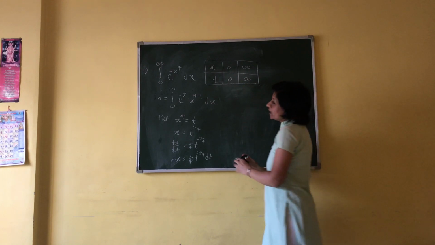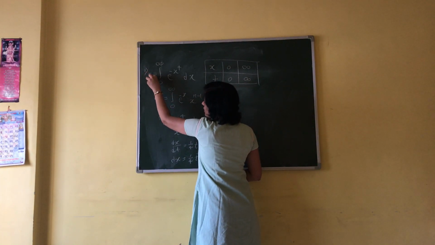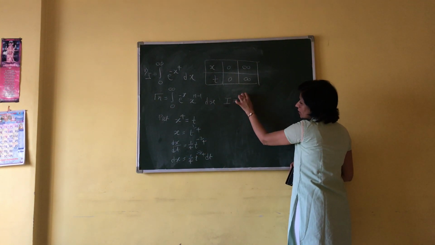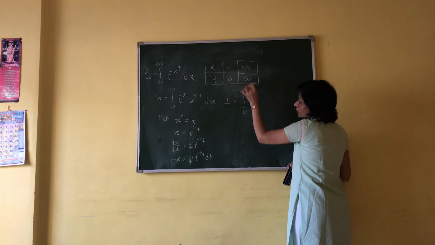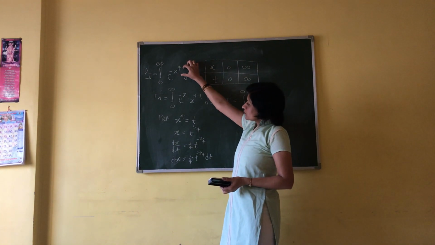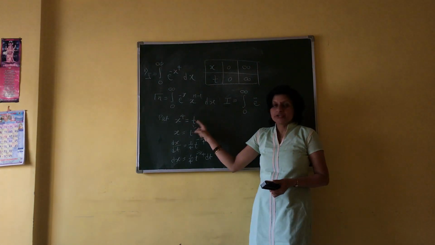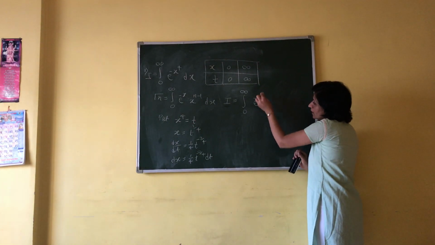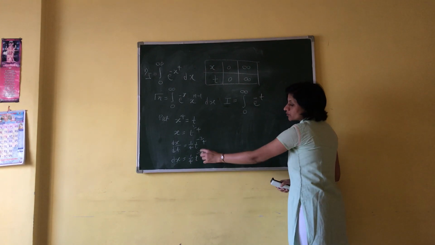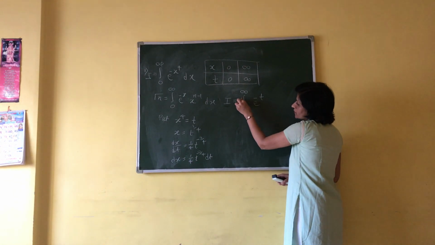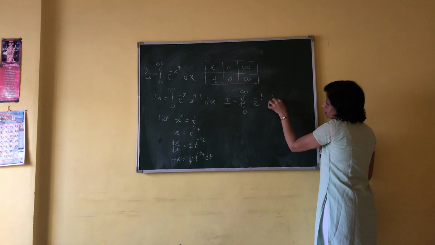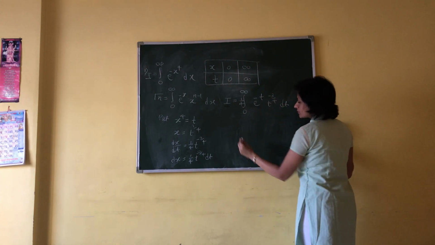Putting all these values in given definite integral, that is I. Therefore, I is equal to integration from 0 to infinity e raised to minus x raised to 4, here x raised to 4 is t, into dx, and equation of dx is 1 by 4 t raised to minus 3 by 4. 1 by 4 is a constant outside the integral into t raised to minus 3 by 4 dt.